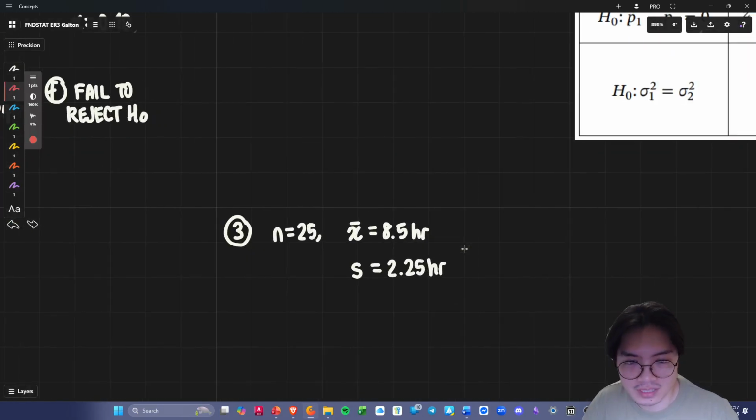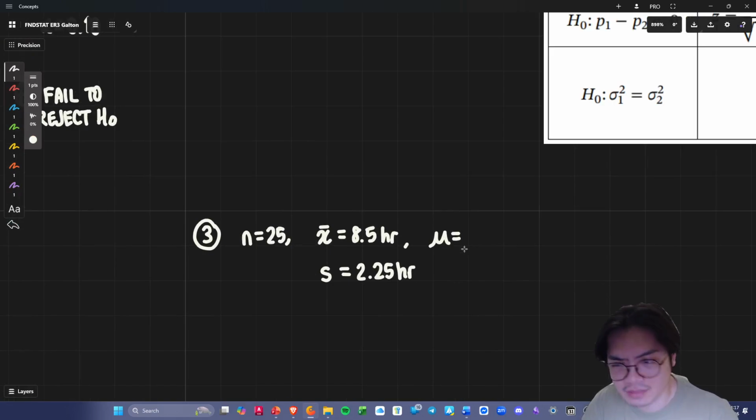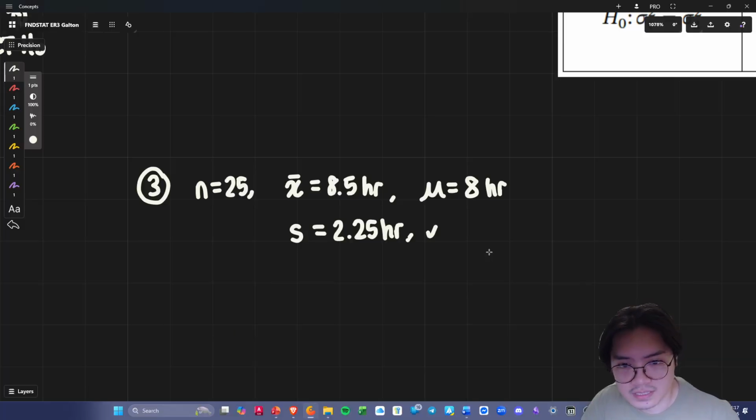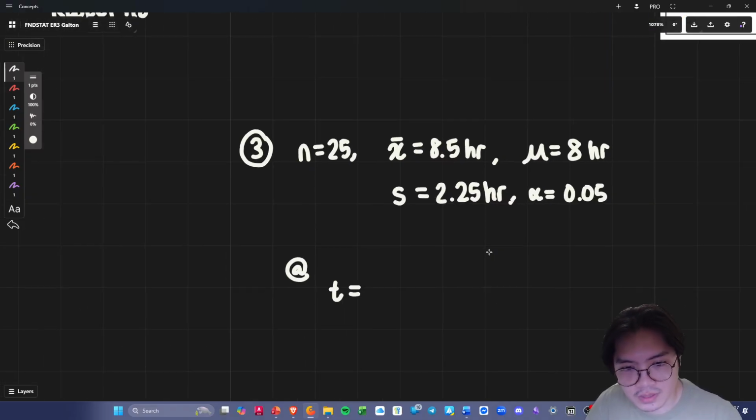We're going to have to use, of course, mu, our tested population mean. The level of significance is 5%. There you go. So let's go ahead with the t-test.